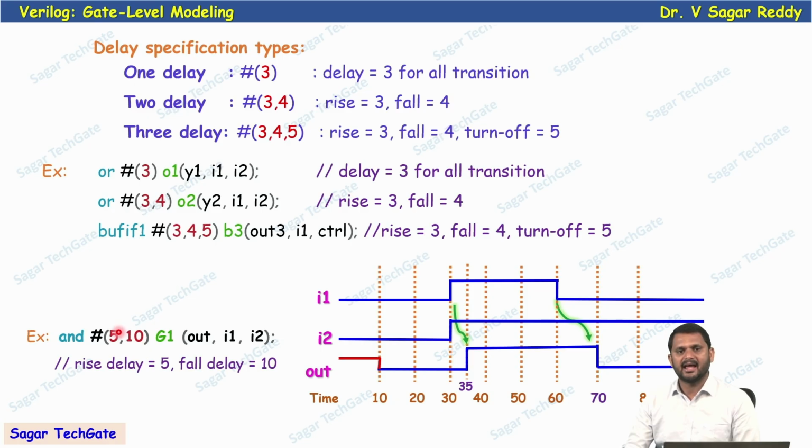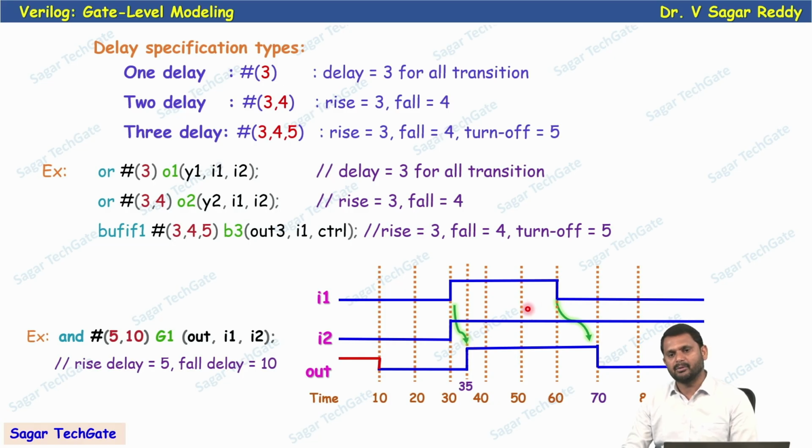What does rise delay mean? The output changes from anything, either 0, x or z, to 1. That is known as the rise delay. So if both are 1, the AND gate output is 1, but since the rise delay is 5, after 5 time units of delay the output becomes 1. After 5 units of time delay, the output changes from 0 to 1.